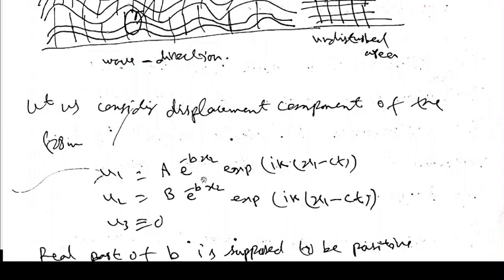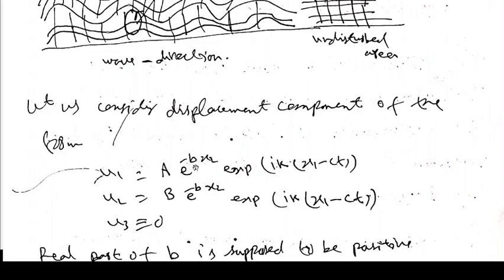The term e to the power minus b x2 denotes that when we move away from the surface x2, this will go to 0. When the value of x2 increases, this will go to 0. As we said in the above paragraph, the displacement decays exponentially. So due to this term, our displacements u1 and u2 will decrease exponentially.